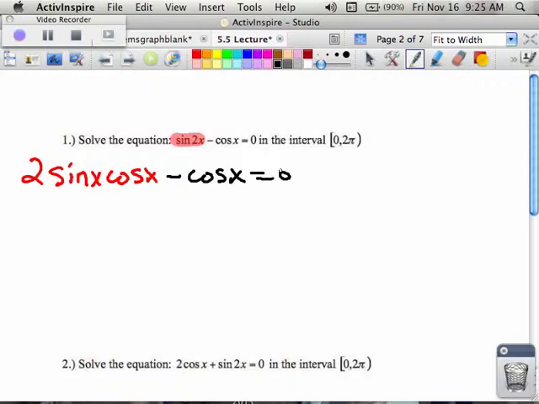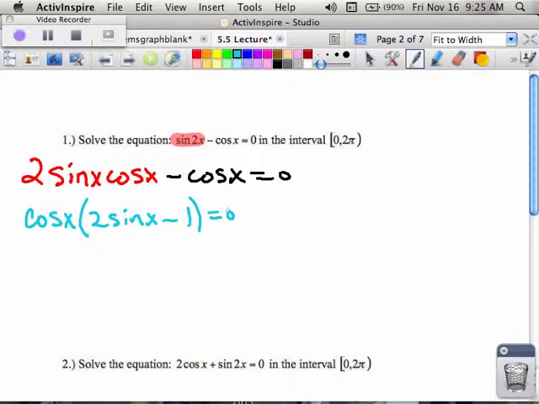Oh, look, I noticed that there's a cosine in both the first term and the second term, red and black. So I'm going to factor out a cosine. So I have cosine of x, parentheses, 2 sine x minus 1 equals 0. In case you don't remember, this has to do with the zero product property, meaning if there's two things being multiplied and you get a 0, then one of them is 0.